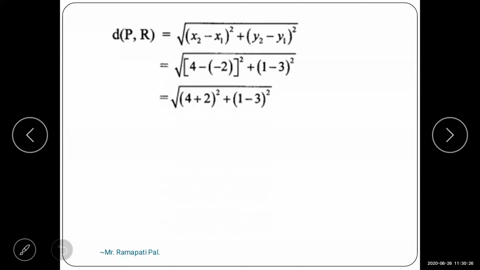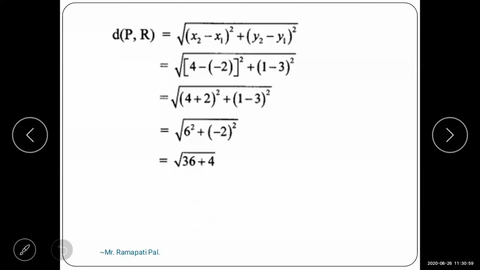So root 4 plus 2 whole square plus 1 minus 3 whole square. 4 plus 2 is 6, square, minus 2 square. 6 square is 36, minus 2 square is 4. So 36 plus 4 is 40.